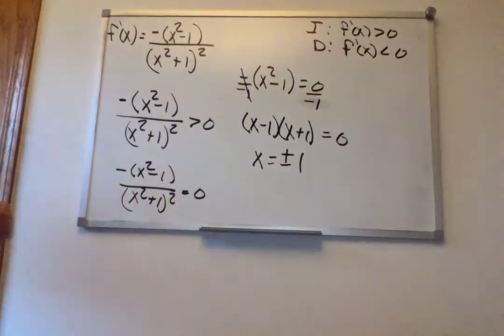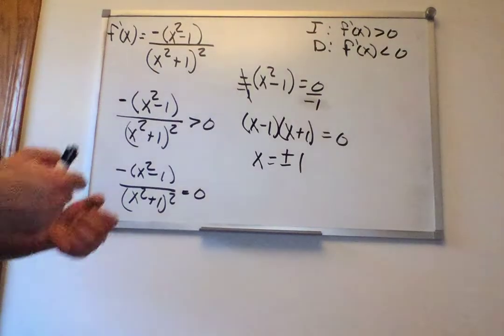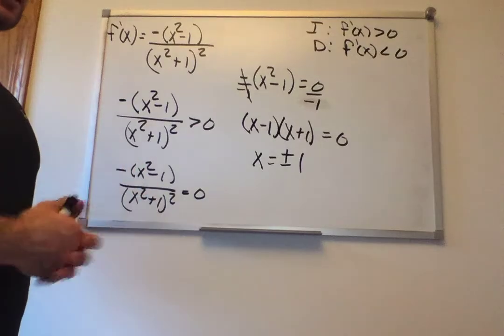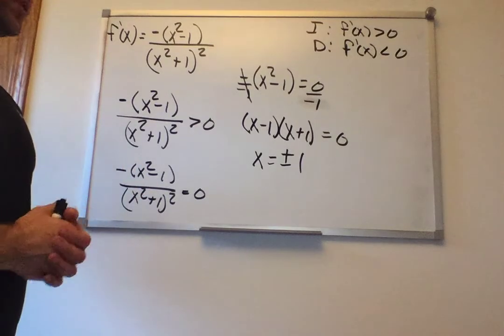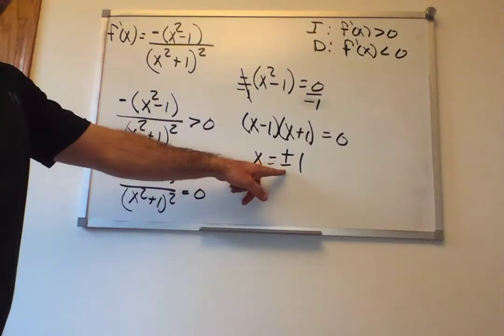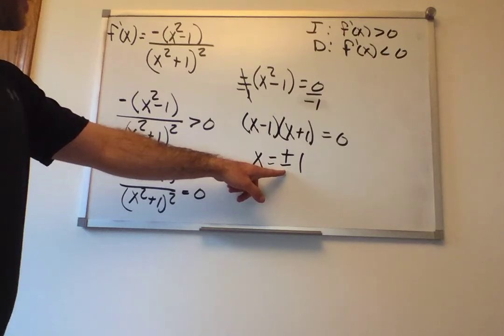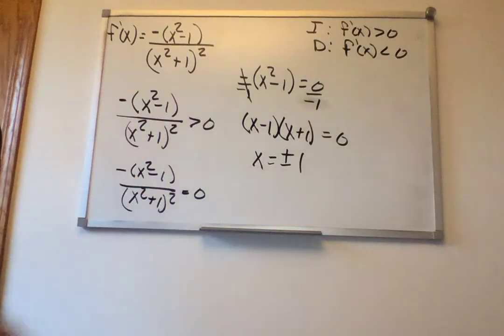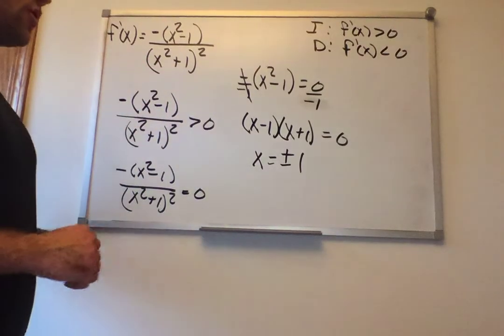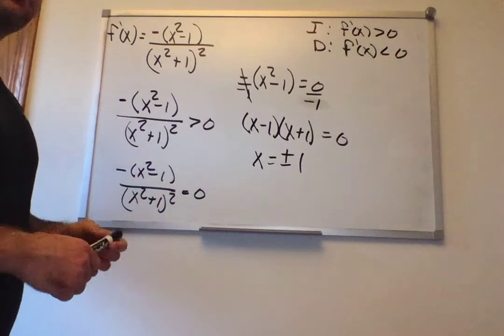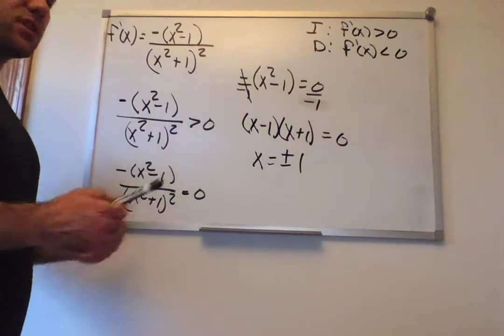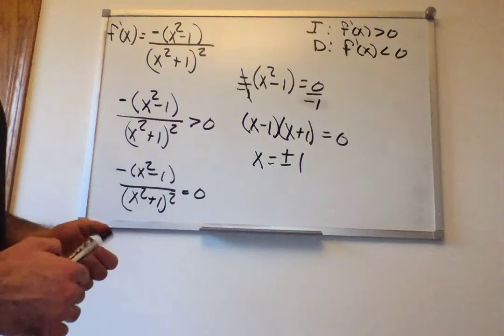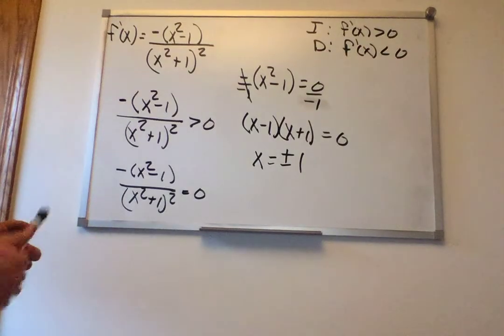So if you remember in the previous problem, we used those numbers that made the function 0 to put on our number line, and it split our number line up into intervals. These numbers are also going to split our number line up into intervals. Not only that, with a rational function, when you do this procedure, you have to also find your restrictions, because the restrictions are also going to break up your number line and make more intervals.